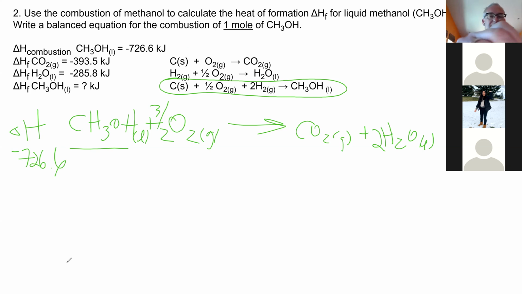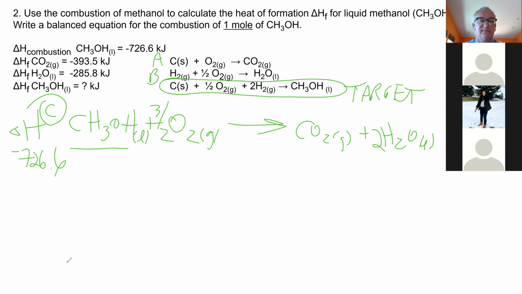So we have reaction A, that's A, that's B, and this one is C. So I am looking for, this is our target. I want 1 mole of carbon as a reactant. Where am I going to find that?